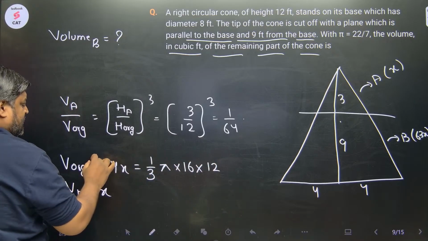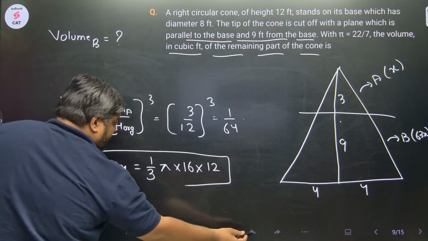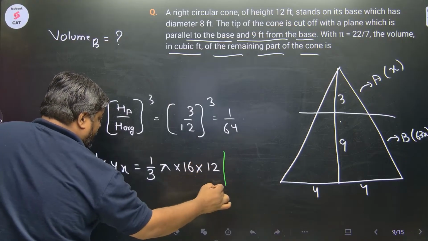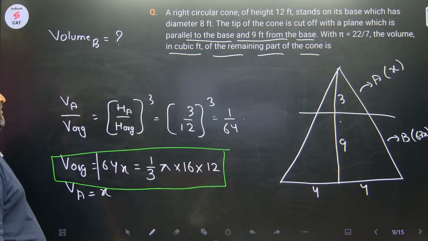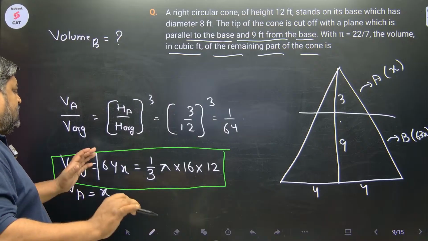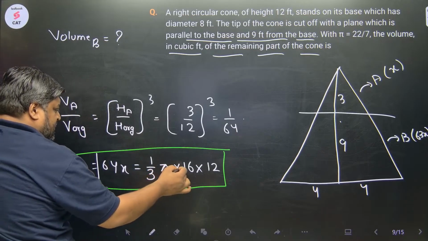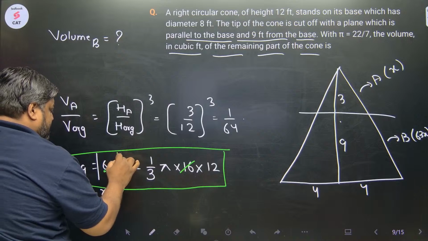Yes or no? Check this out. From here you can calculate the value of x. Can you find it? Nikal lo, theek hai? Aa jao. So this goes in 4 times, theek hai?